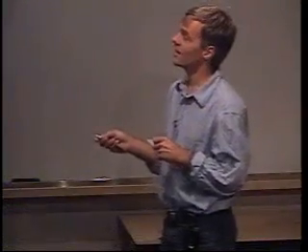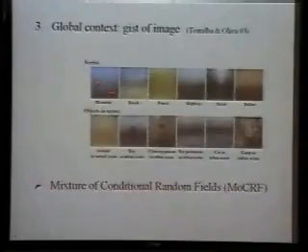So the global context is going to be based on the idea that there's a gist of an image. This is something that Torralba and Oliva came up with. These are images from their paper where they took a whole bunch of mountain scenes and averaged them in a way and said that this is like some average representation of all the mountain scenes. Here's an average of beaches and forests and highways.